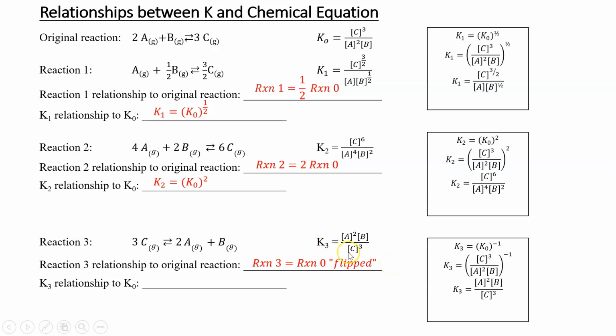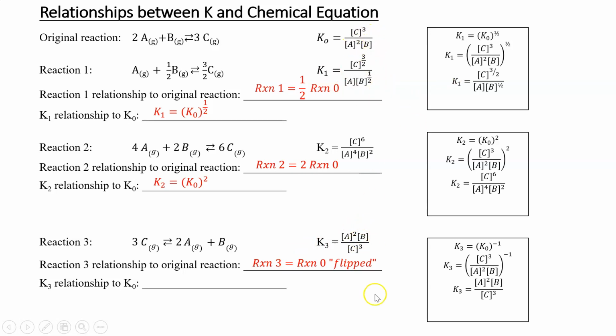K3 is A squared times B divided by C cubed, based on those coefficients, which, compared to the original K value, is just the inverse of it. It's the reactants over the products instead of products over reactants.